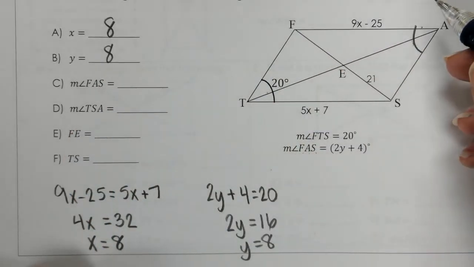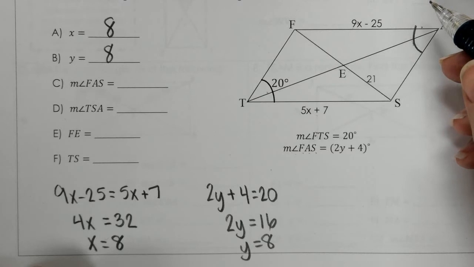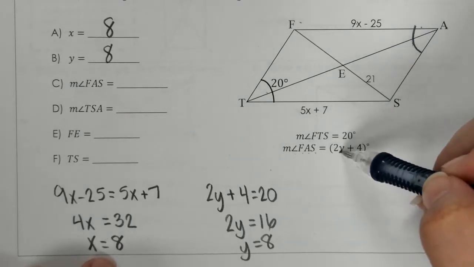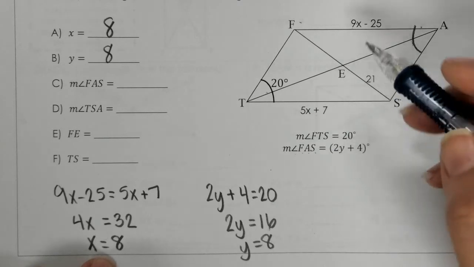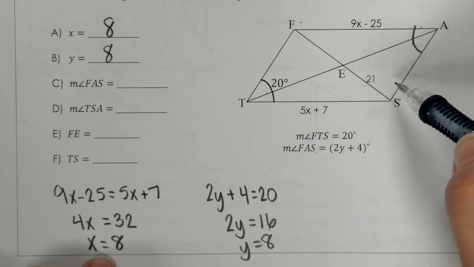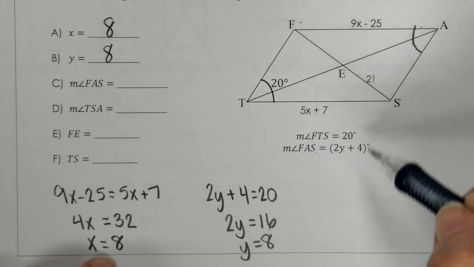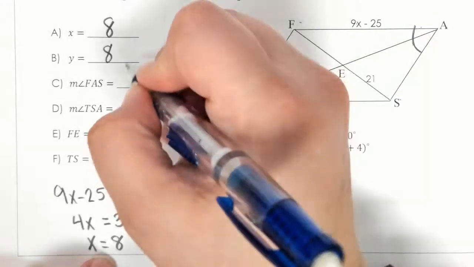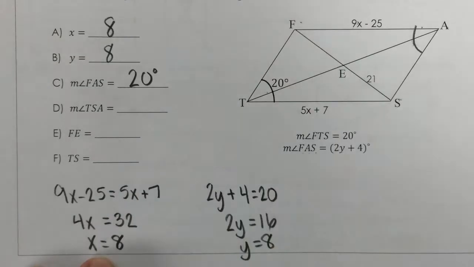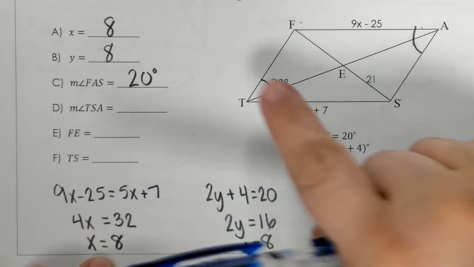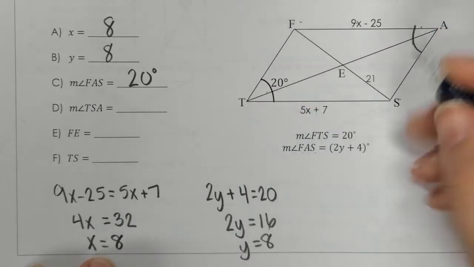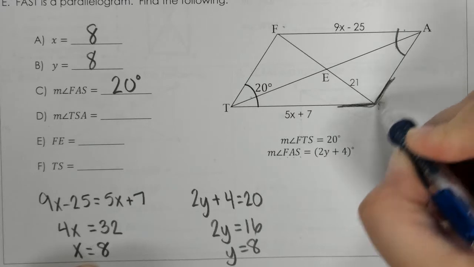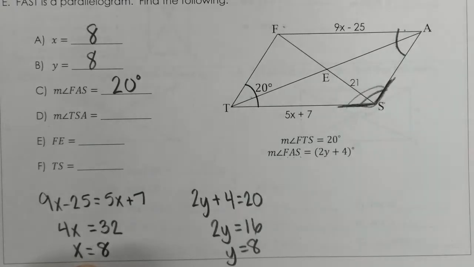It also asks us, what is the measure of angle FAS? If you plug 8 into y, you should get 20. But I do know it's 20, because that's 20, it has to be 20. Now for TSA, that would be this angle here, this entire angle.